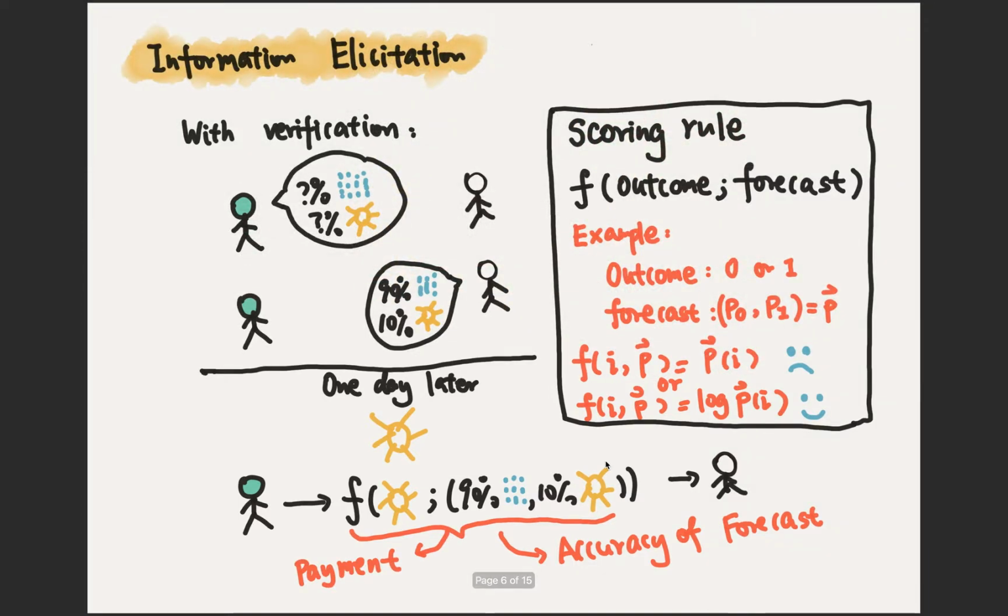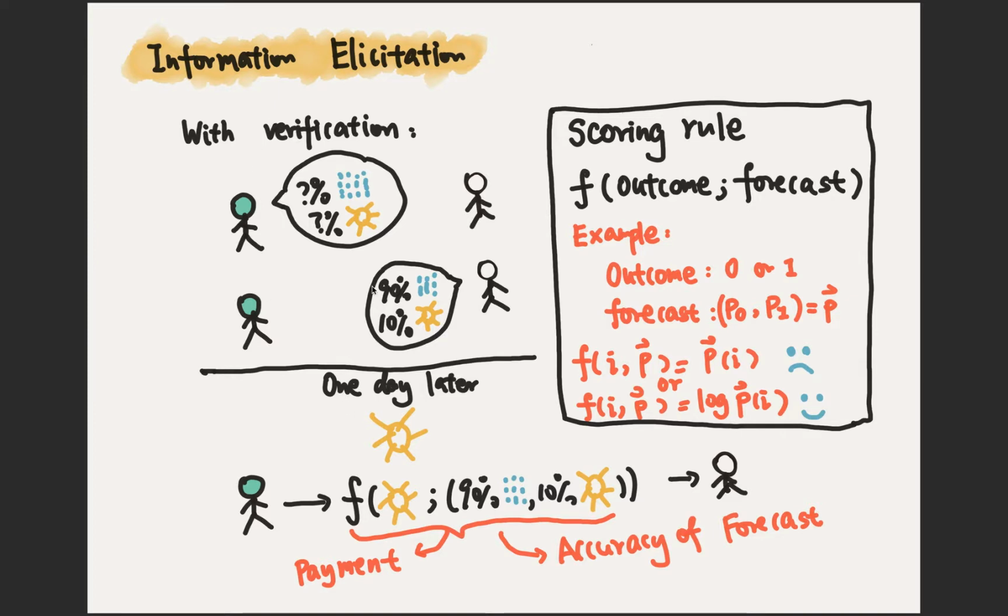But the problem is the linear scoring rule will fail to incentivize this person to tell the truth, but the log scoring rule will work here. If you are interested in the answer, I suggest you first try to think about the problem by yourself, and then you can search for some literature about proper scoring rules. And this is information elicitation with verification.